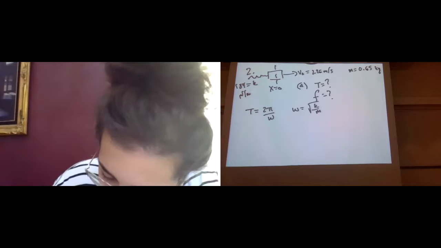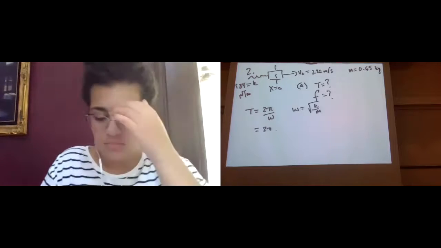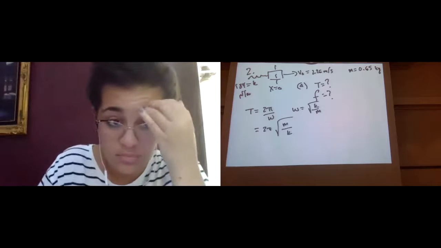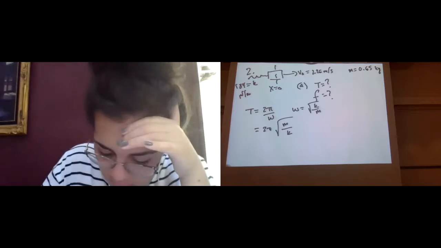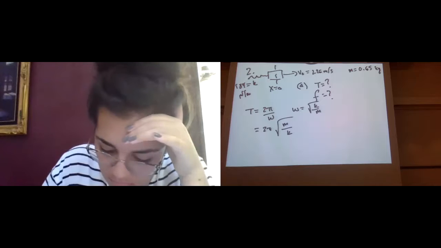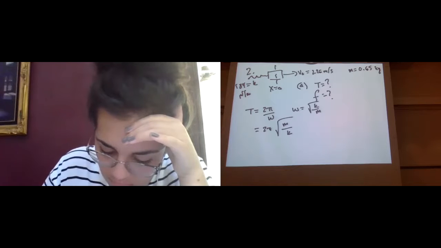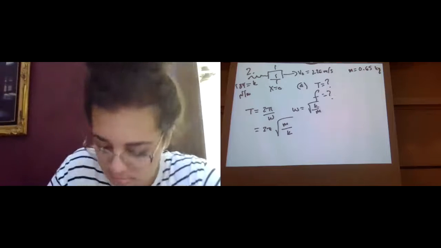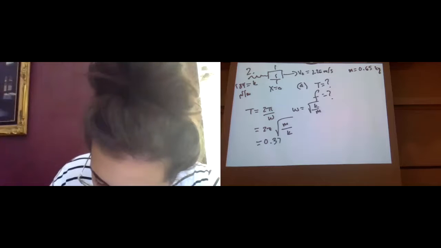So from here, the period is going to be 2 pi times the square root of the mass divided by the spring constant. Plug in my numbers. What I get then is that the period is equal to 0.37 seconds.